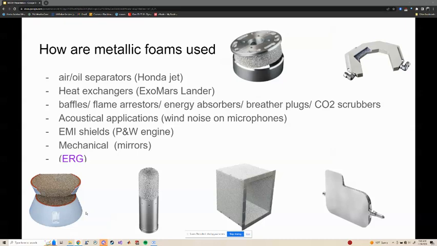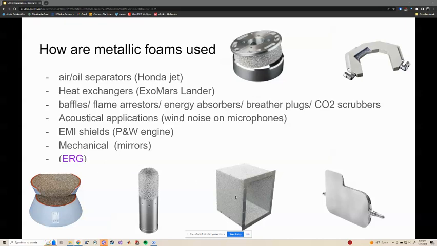Also, there's acoustical applications of metallic foams, like this microphone demonstrated here, where the foam will break up wind noise and help create cleaner audio recordings, much like a conventional foam over a microphone, except these are going to be a little tougher and withstand harsher environments better.